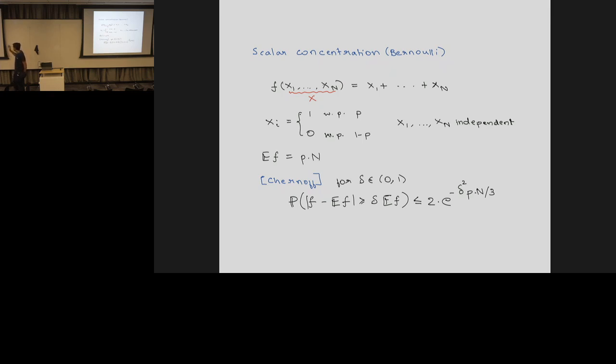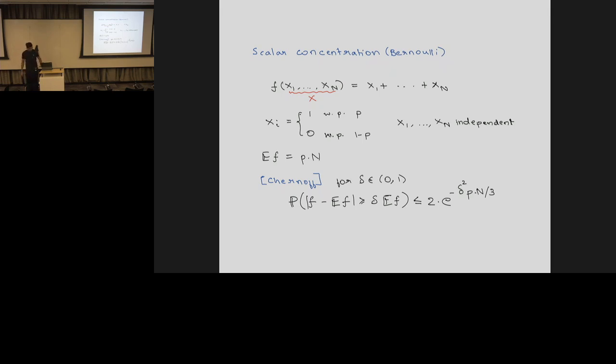These are Bernoulli random variables, 1 with some probability, 0 with some probability. A concentration inequality like the Chernoff bound will tell us that f only has relatively small deviations from its expectation, or is somewhat concentrated around the mean. And we can calculate the probability of how much deviation it has.